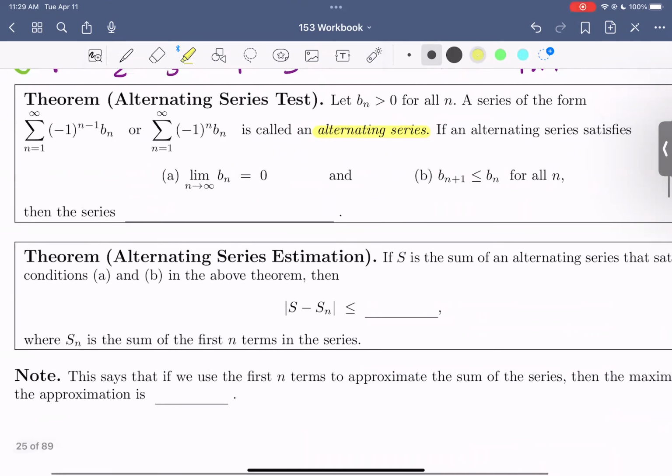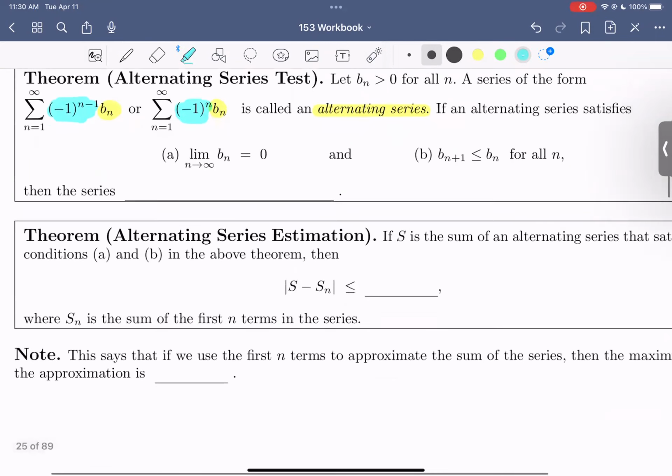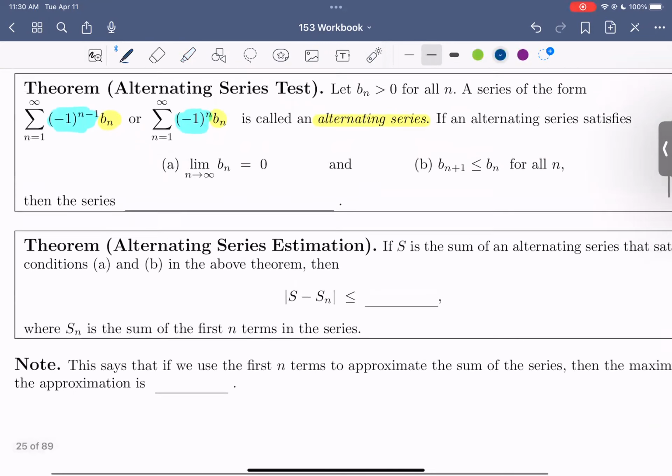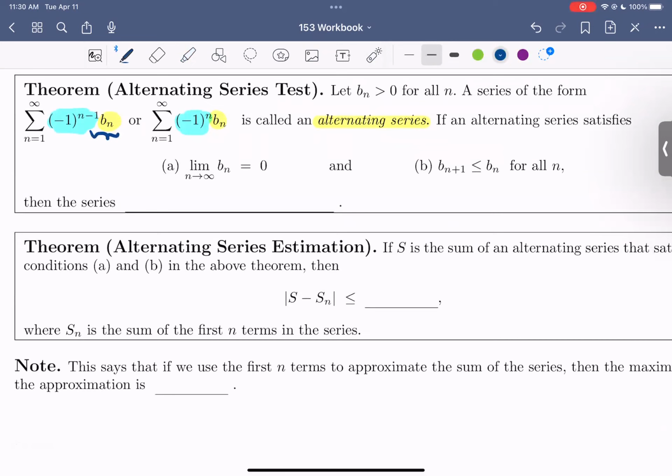So notice that the Bn's are all positive, but this coefficient on the Bn's, this (-1) term, either raised to the n or n minus 1, will alternate between -1 and +1. So the actual terms of the series that we meet will rotate from positive to negative. But if we consider those terms without the negative sign or positive sign, then those Bn terms, that's what we're calling that term, will always be positive.